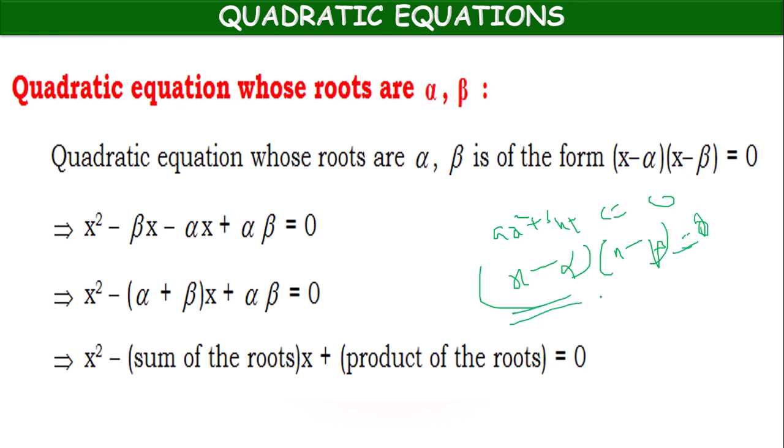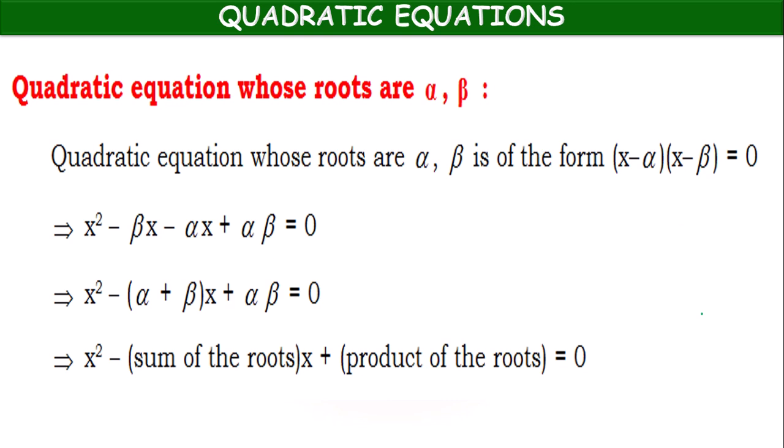So this x minus alpha, x minus beta will be the factors of ax square plus bx plus c. Why have we written like this? Because x equals alpha, x equals beta. These two are the roots of the quadratic equation, or these two are the values of x. That's why we can write like this.